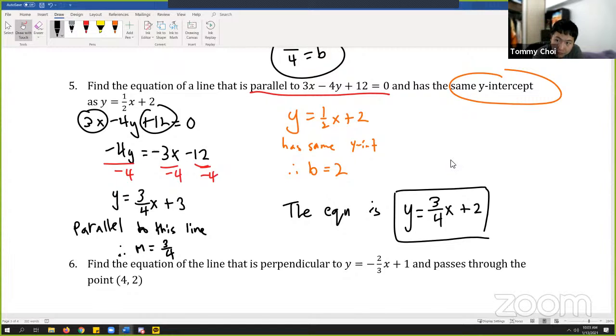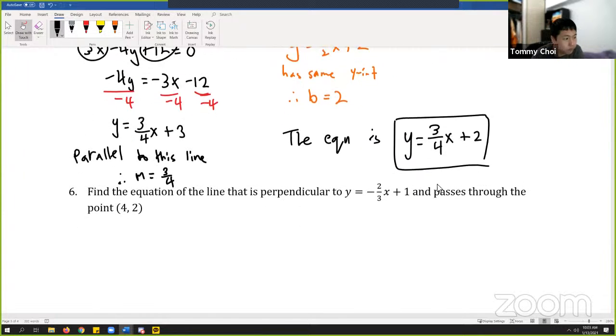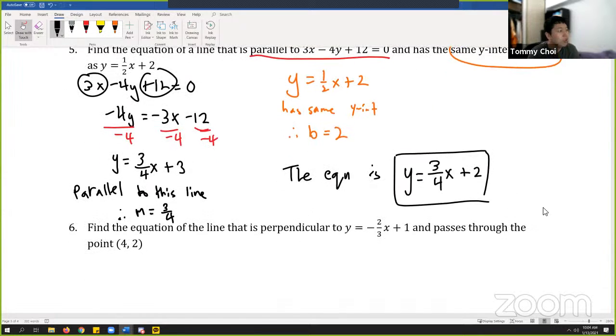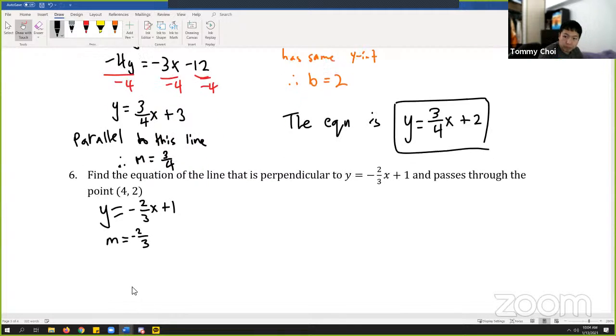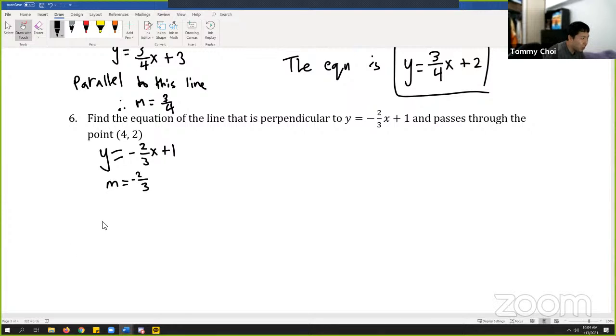Question 6. It says find the equation of the line that is perpendicular to y equals negative 2/3x plus 1 and passes through the point. So we have y equals negative 2/3x plus 1. The slope is negative 2/3, which means the perpendicular slope is going to be 3 over 2.